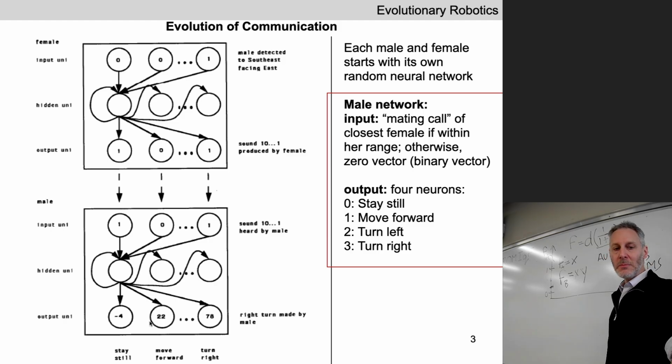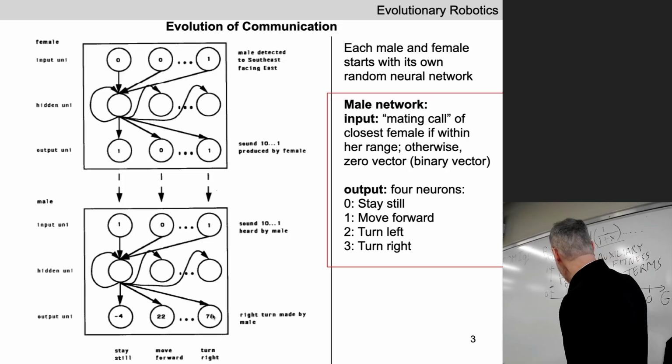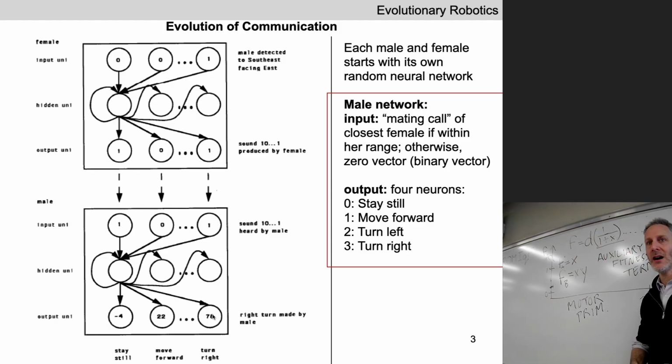In the case of the male, there are 4 output neurons. So 1, 2, and they should have just drawn a third and a fourth one here. These 4 motor neurons correspond to the 4 motor primitives that the males are capable of. We talked about motor primitives a while back.